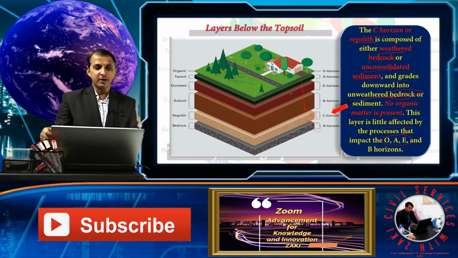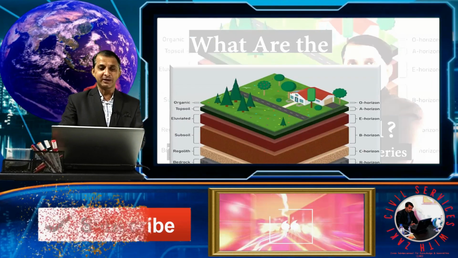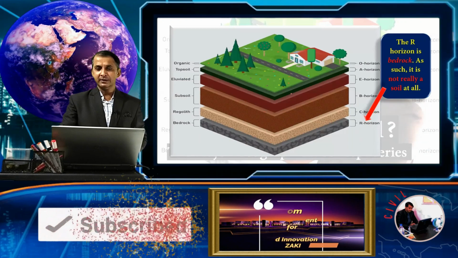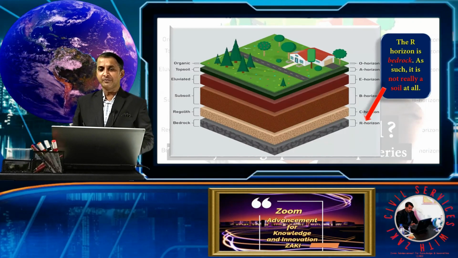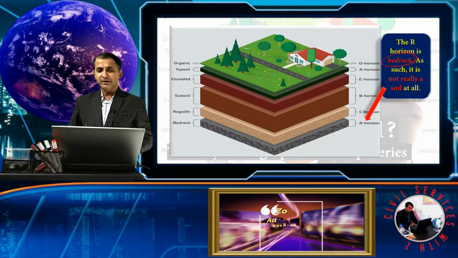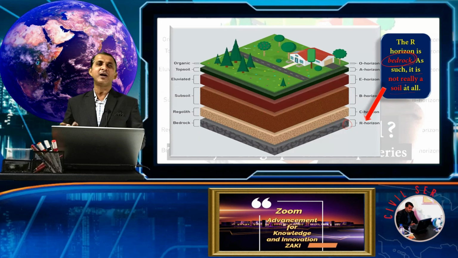The final and last layer is called the R layer. The R horizon, or R layer, is called bedrock. Basically it is nothing but bedrock. It is not really soil at all.